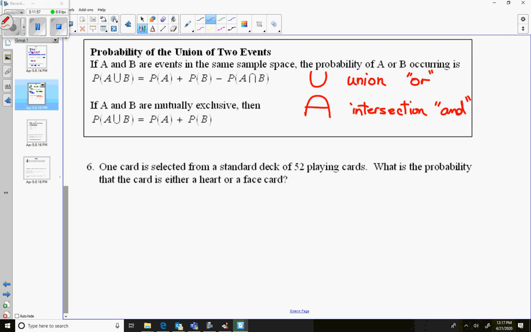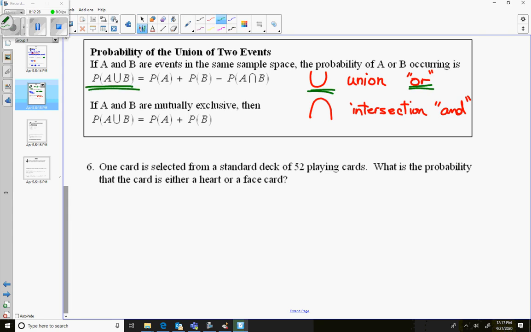Okay, so the AND statement, if you were to draw a line here, right there, kind of looks like an A. We're not going to draw a line there, but there's like an A for the AND. But your union and your intersection. Okay. Probability of the union of two events. If A and B are events in the same sample space, the probability of A or B occurring is, or tells us we're doing union.